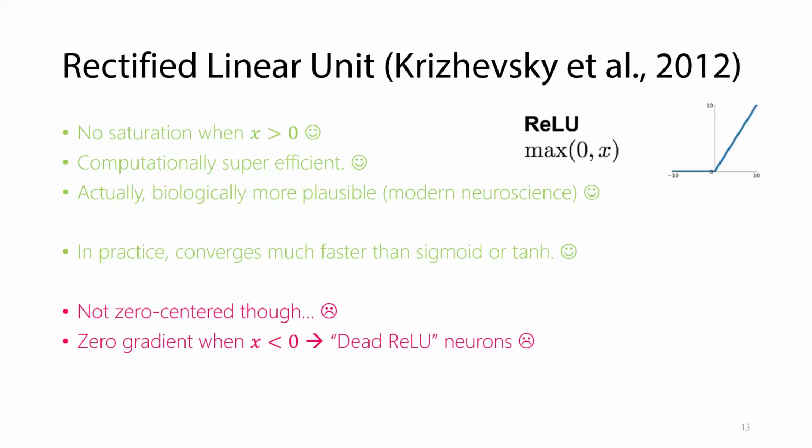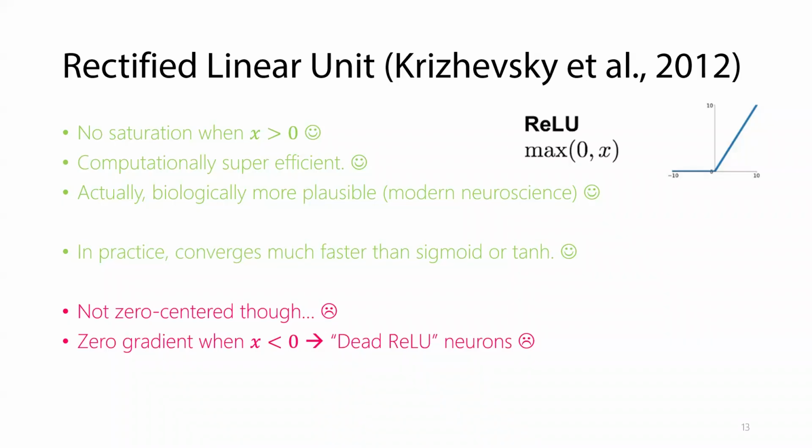In terms of the definition, ReLU is just the max between 0 and x, which means when x is positive, ReLU will not do anything, okay? But when the value of x is below 0, it cuts off and makes everything 0.